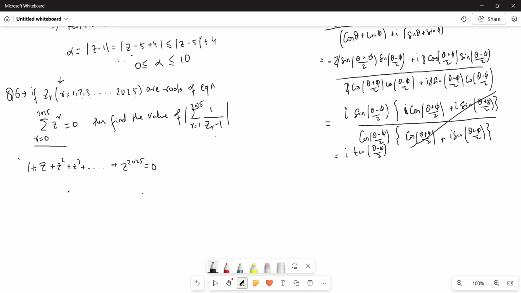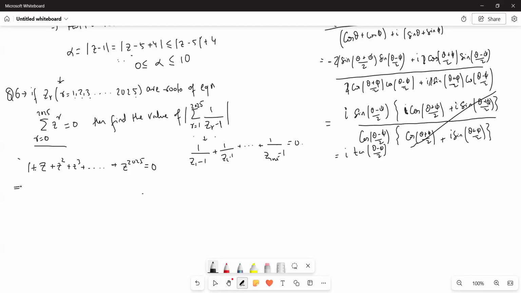Theek hai. Now the complex method in this would be in this expression. Achha ye wala expression would be like 1 by z1 minus 1 plus 1 by z2 minus 1 plus going on like this 1 by z2025 minus 1 is equal to 0.